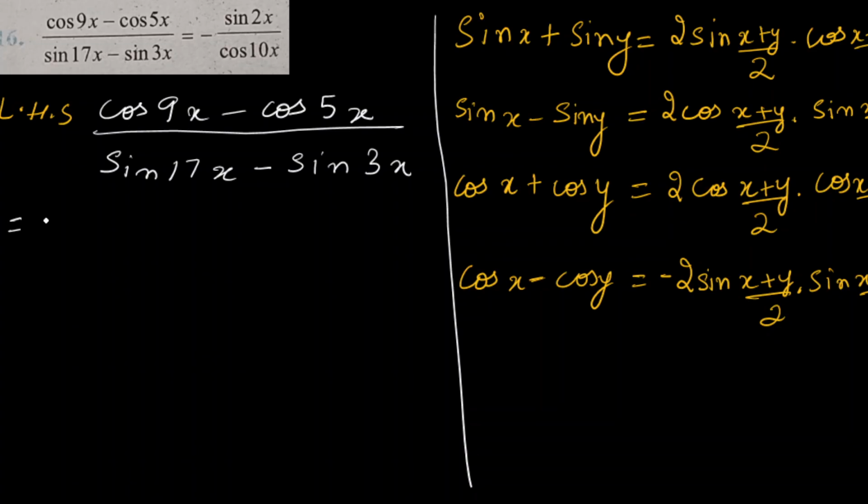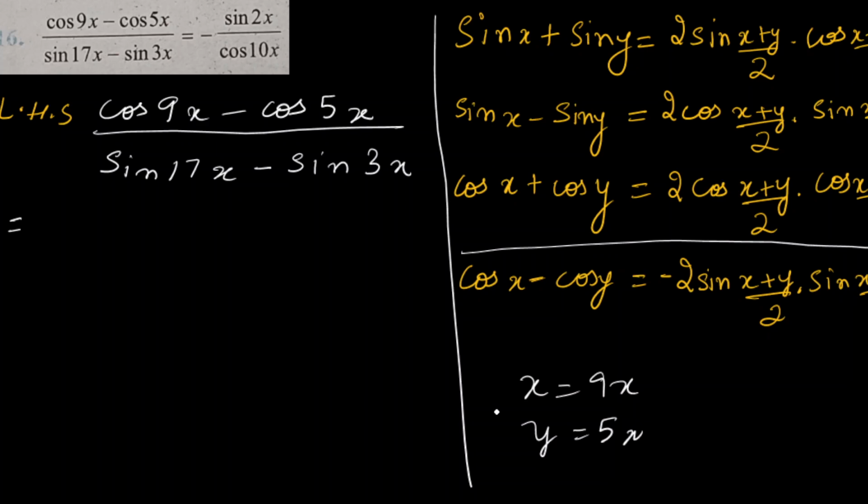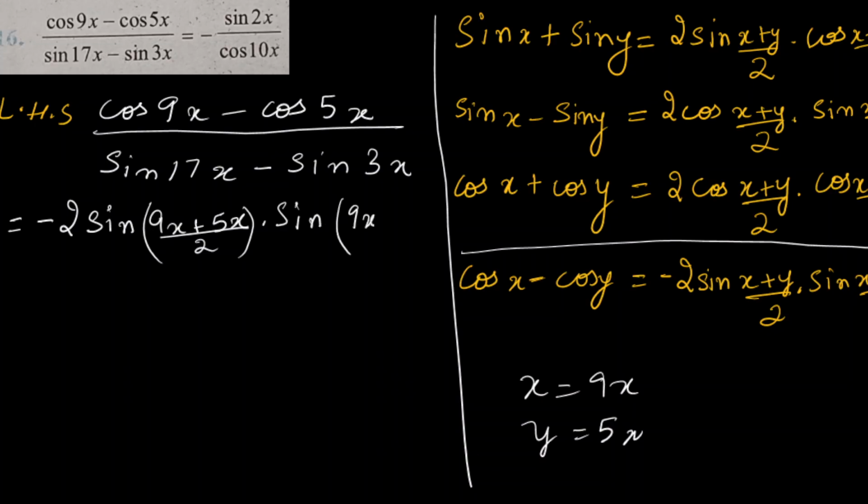Let's see what we have to use. It is the cos x minus cos y form, so the fourth one. Here x is 9x and y is 5x, so accordingly we substitute. This is minus 2 sine (9x plus 5x) by 2 into sine (9x minus 5x) by 2.